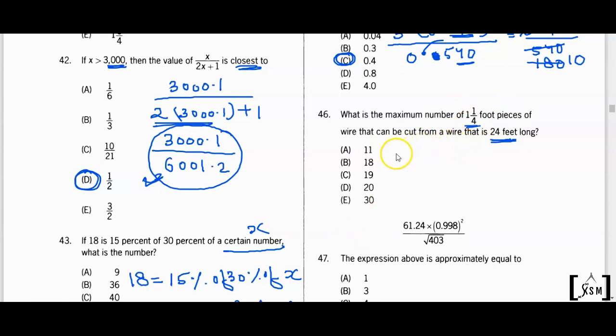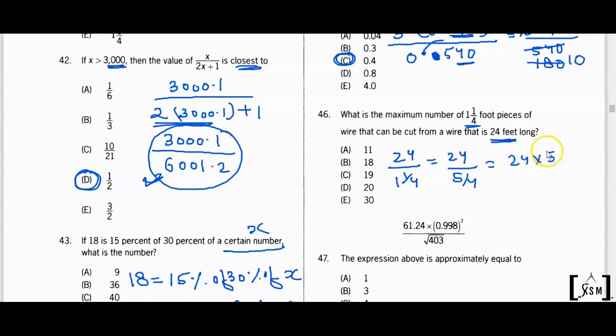So solving that, 24 over nothing but 5 over 4, and the denominator will come front, will multiply with reciprocal, so it will become 4 over 5. So we get 96 over 5.